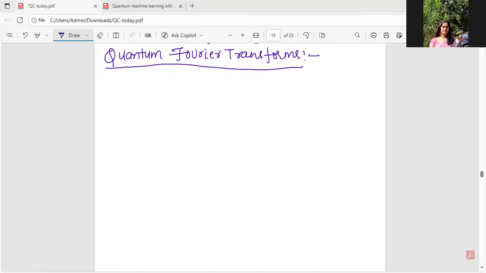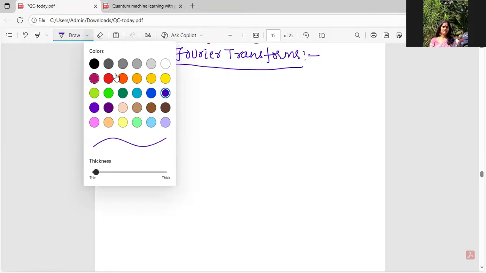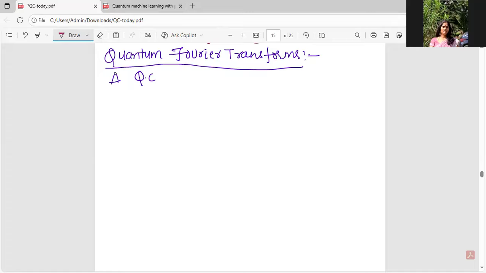Now, what a quantum Fourier transform does is it helps a quantum computer to compute something analogous, a quantum analog, of the Fourier transforms.